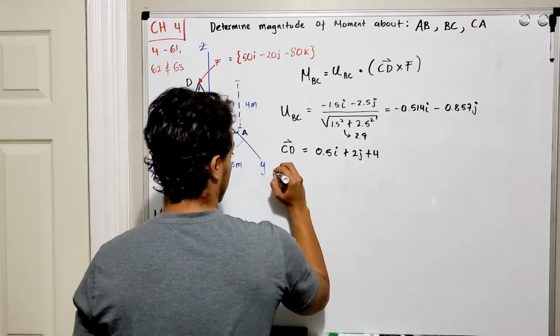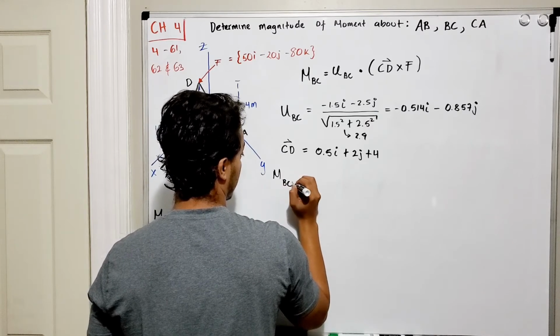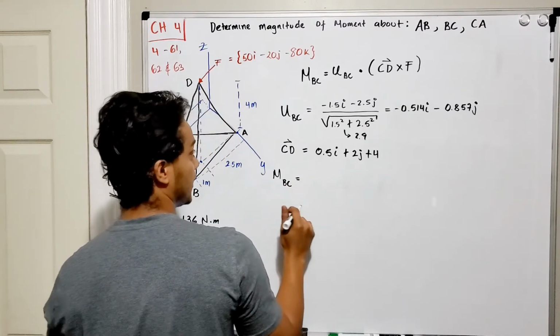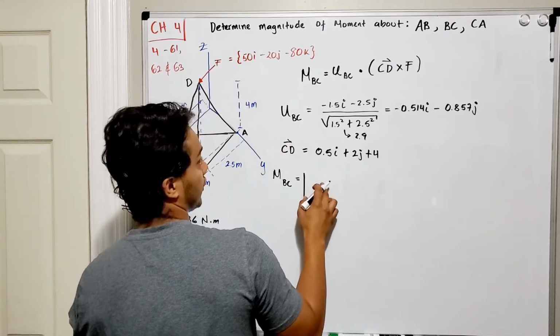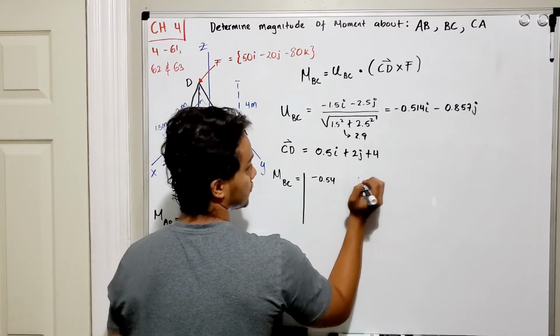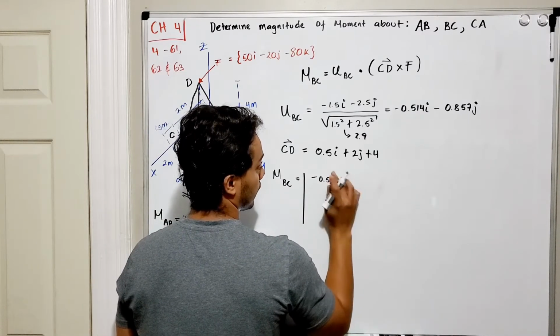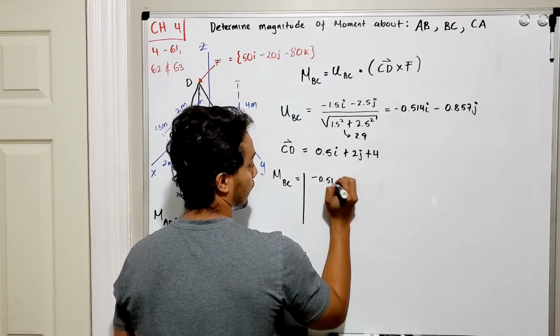So knowing that, we know that the moment about my base BC is going to be equal to, and then we do the unit vector, which is negative 0.514 in the I direction. Oh, I forgot a 1 in between. So negative 0.514.